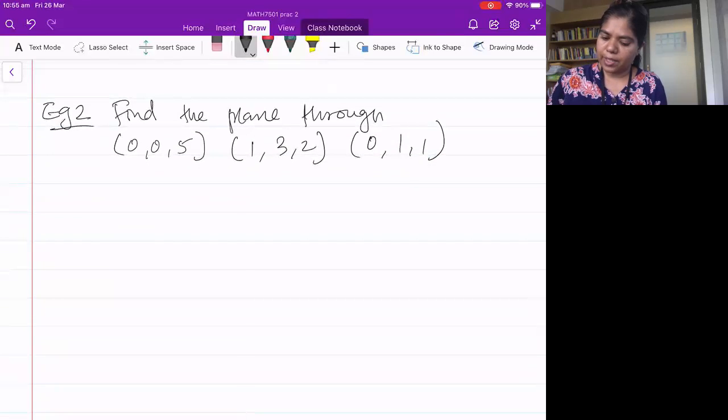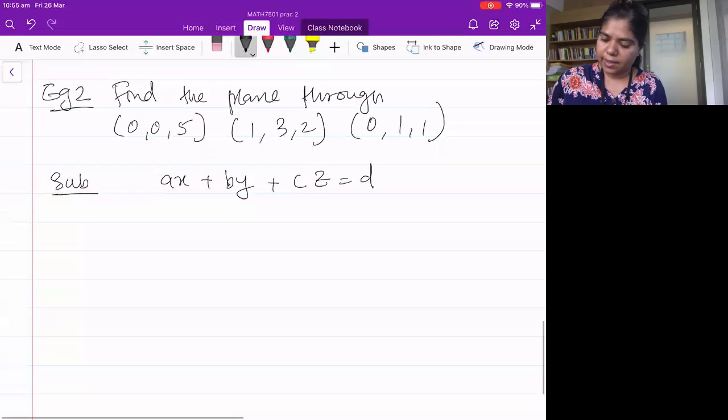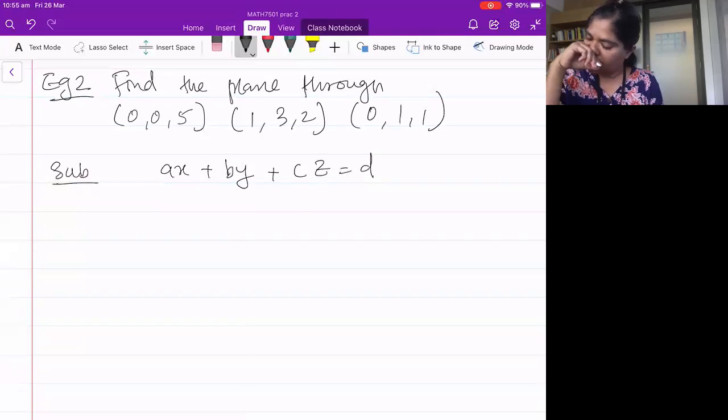So all you need to do is substitute these points into the plane ax plus by plus cz equals d, and find the values.